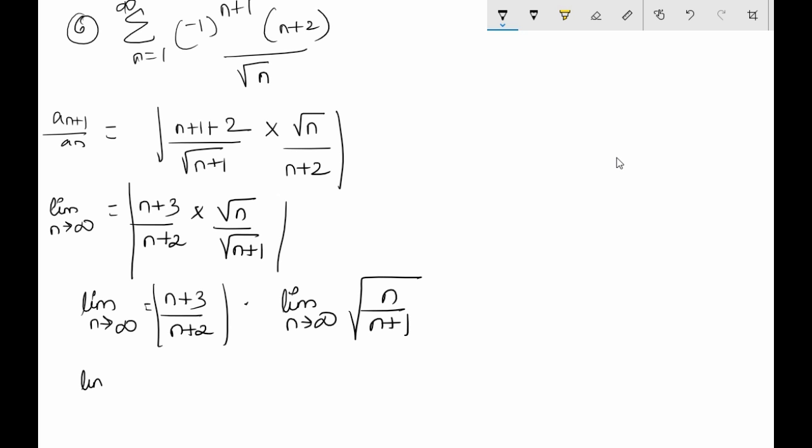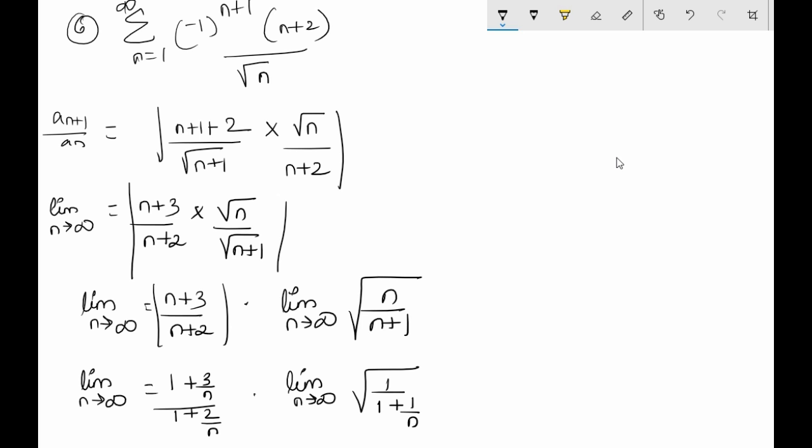Dividing by the highest power, we will be left with (1 + 3/n) divided by (1 + 2/n), and here we will be left with 1 plus 1 by n. Taking the limit, both sides will be left with (1+0) divided by (1+0) into 1 divided by 1. So our final answer for the limit as n tends to infinity will be 1 into 1, which is equal to 1.